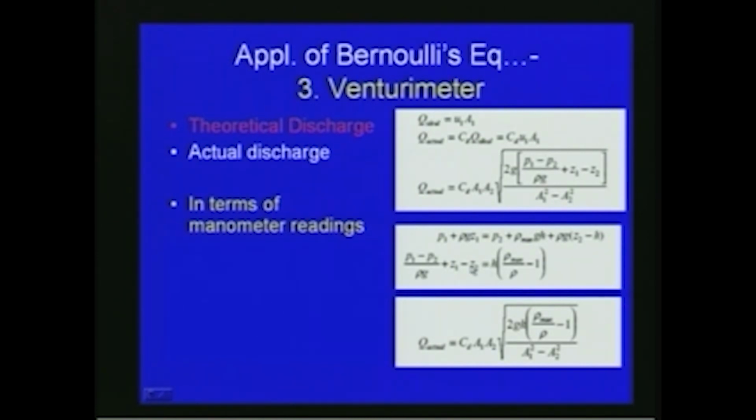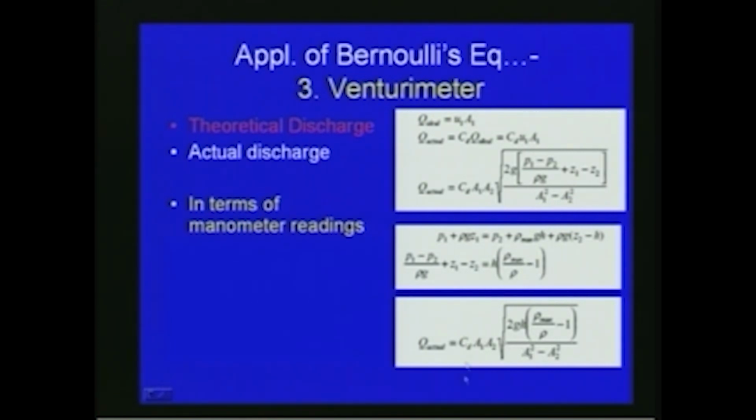Now, in terms of the manometer readings, we can write p1 plus rho g z1 is equal to p2 plus the density of the manometer liquid into g h plus rho g into (z2 minus h). So we can write (p1 minus p2 by rho g plus z1 minus z2) is equal to h into (rho manometer by rho minus 1).